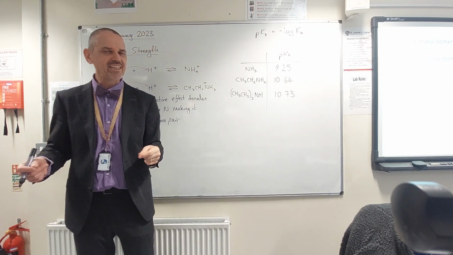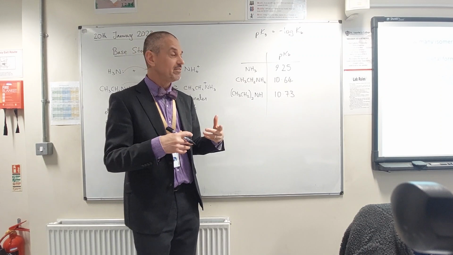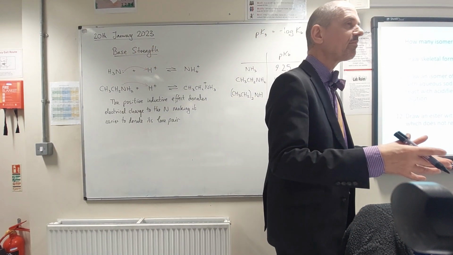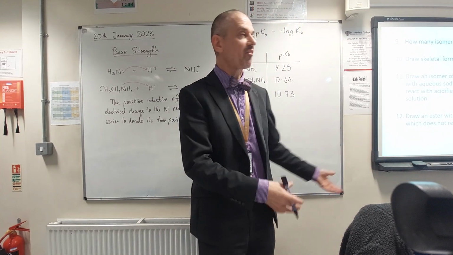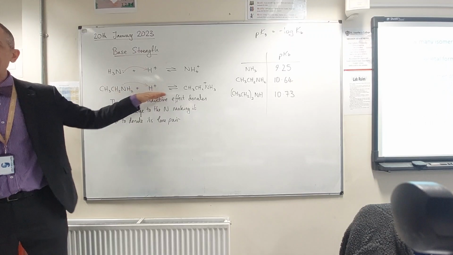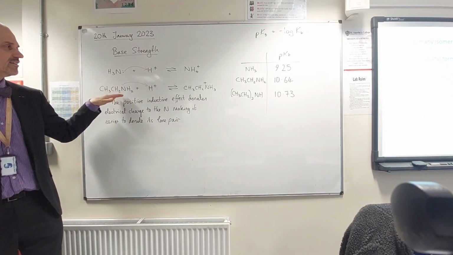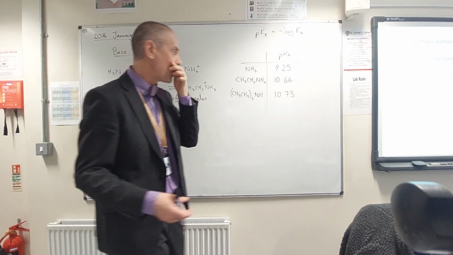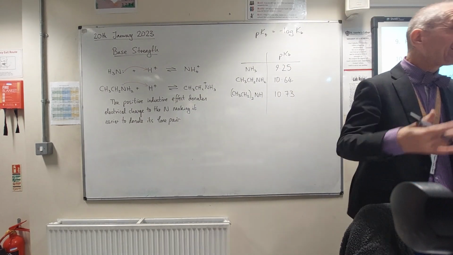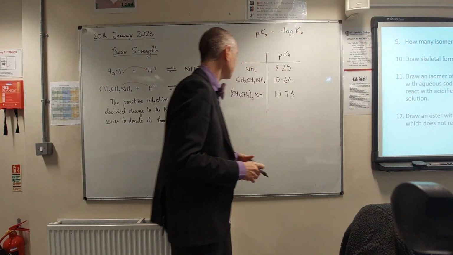And the reason is solubility. If you can't dissolve an amine very well in water, it's going to be very hard for it to pick up an H+, because it needs to be an aqueous solution to do this. So, yeah, if we keep stacking carbon groups on anything, it becomes less and less soluble.